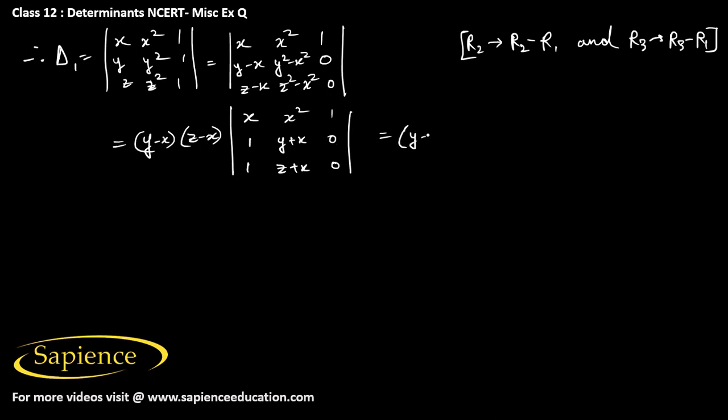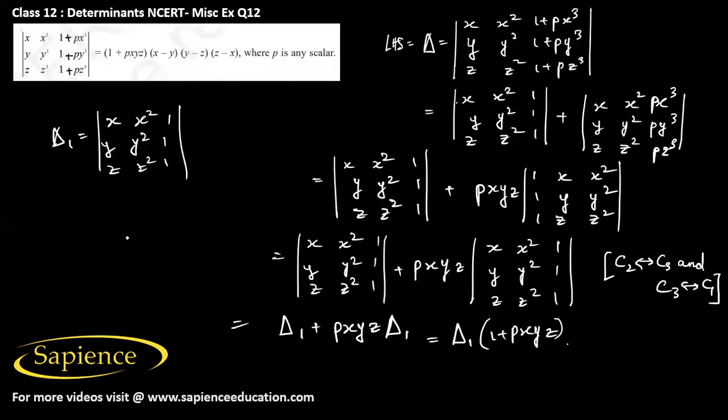So this will be (y − x) into (z − x) into 1, and this is A13. So this will be (y + x) minus of (z + x). So x and x will cancel here. So this will be (y − x) into (z − x) into (y − z).